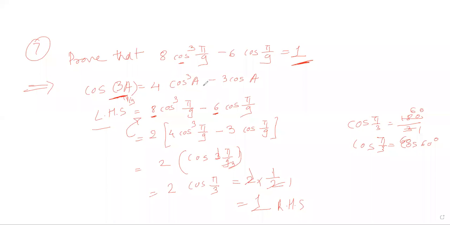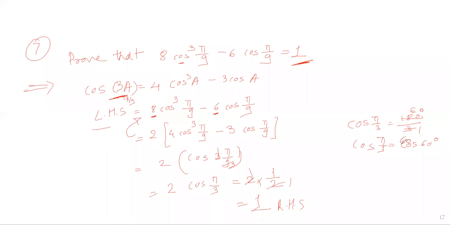So this is cos 3 pi by 9, with a as pi by 9: 4 cos cube a minus 3 cos a, where a is pi by 9. So cos 3 pi by 9. 3 ones are 3, 3 threes are 9. So 2 as it is, cos pi by 3. Pi by 3 means 180 divided by 3, which is 60.